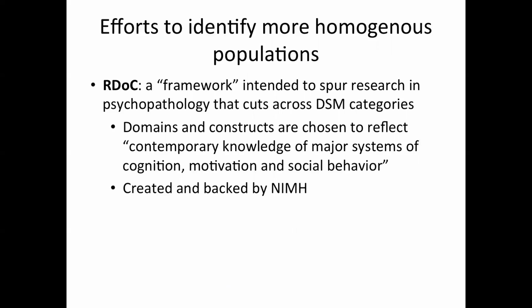Basically, they created a matrix that identified many domains and constructs chosen specifically to reflect contemporary knowledge of major systems of cognition, motivation, and social behavior. This doesn't represent an alternative nosology that is ready for clinical use, but it identifies certain phenotypic features that may adhere together, that may be useful in identifying more biologically homogeneous groups than DSM categories.